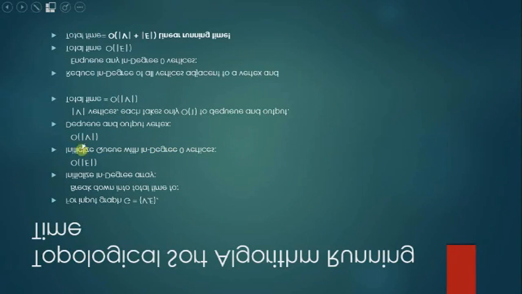Putting each vertex in the Q and output takes only one step each, so total time will be O of V. Reducing the in-degree of all vertices adjacent to a vertex and putting in Q any in-degree 0 vertices has total time O of E. So the total time is O of the absolute value of V plus the absolute value of E. So this is the linear running time.